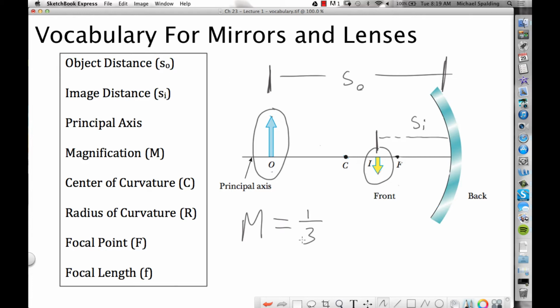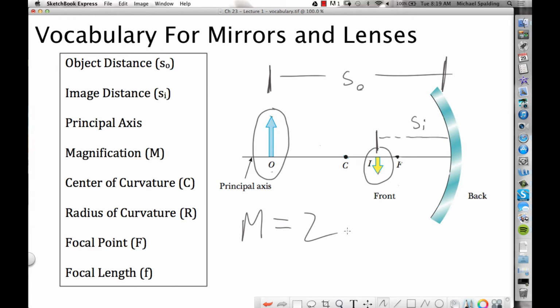Okay? What would it mean if you had a magnification of 2? If you had a magnification of 2, what would that be telling you? The image is twice the size of the object. Now there's also a sign convention for magnification, which we'll get to.